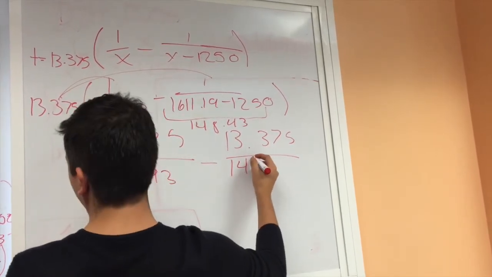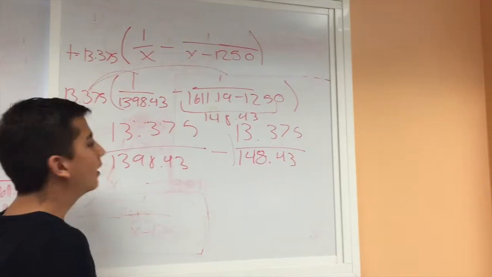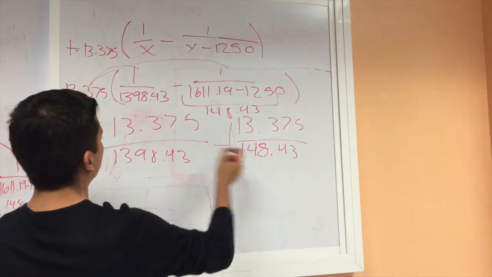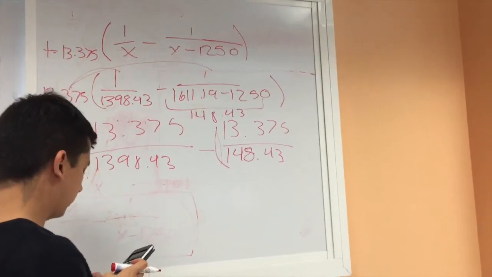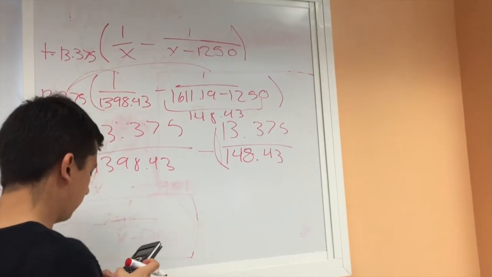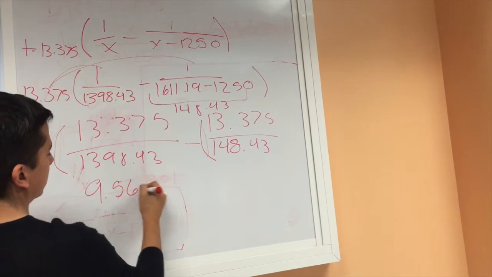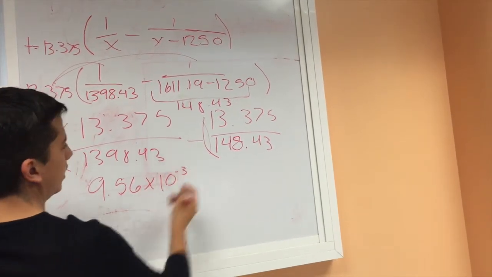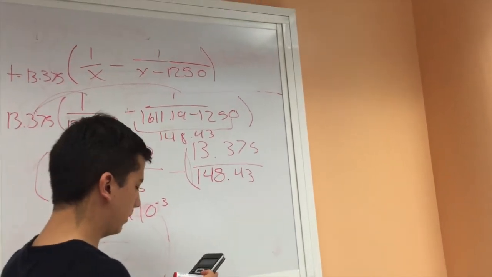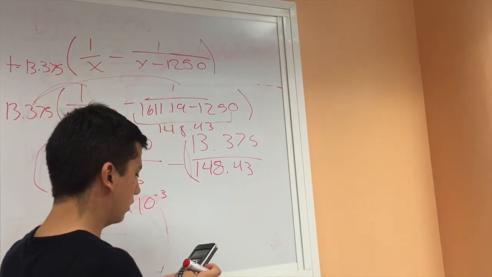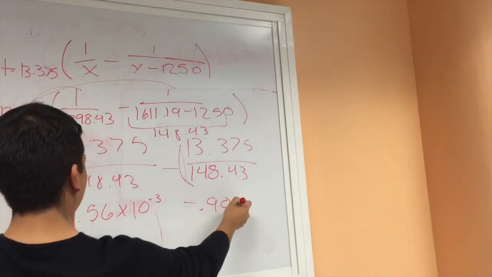Now we divide these two. In this one we get 9.56 times 10 to the negative 3, and this one we also divide, and we get minus 0.901.